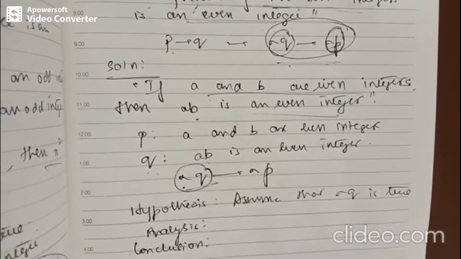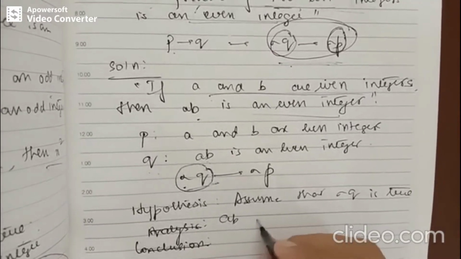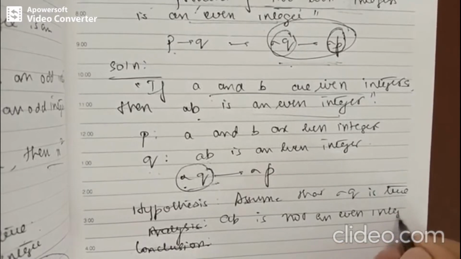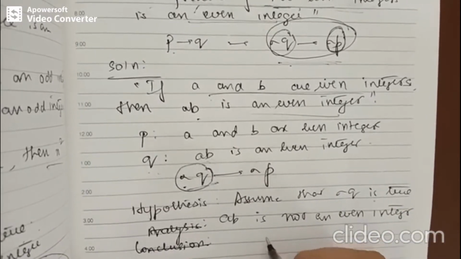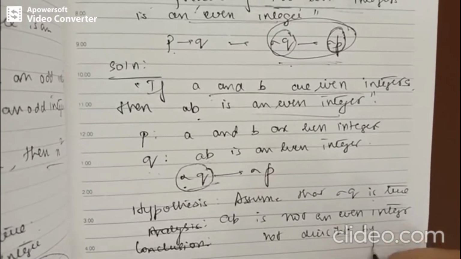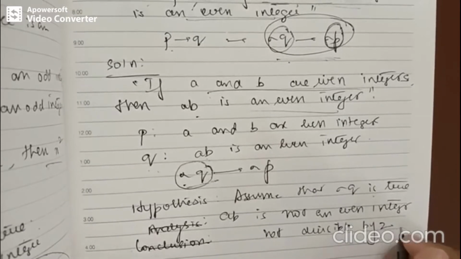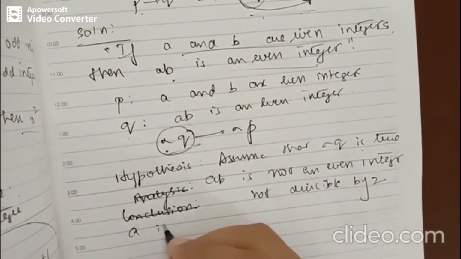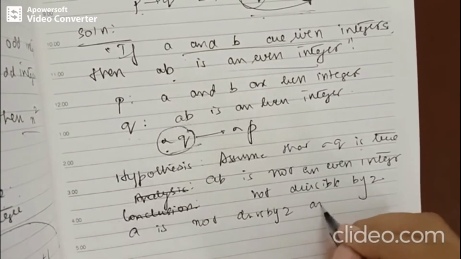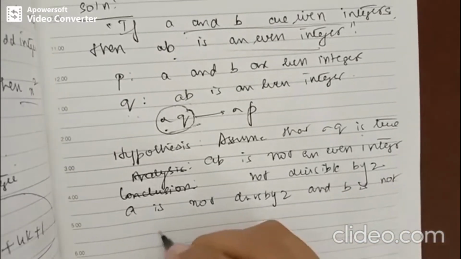Assume that negation Q is true, which means that AB is not an even integer. If it is not an even integer, obviously it is not divisible by 2. So if AB is not divisible by 2, obviously A is not divisible by 2 and B is also not divisible by 2, right?